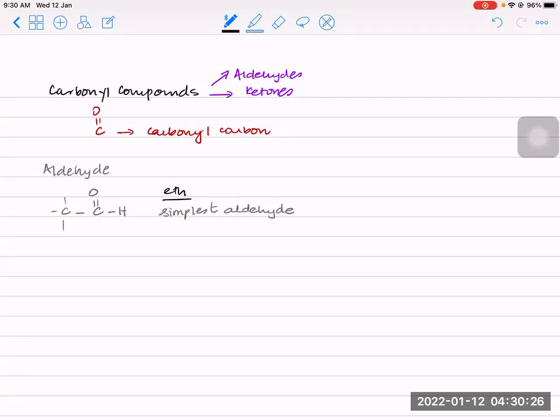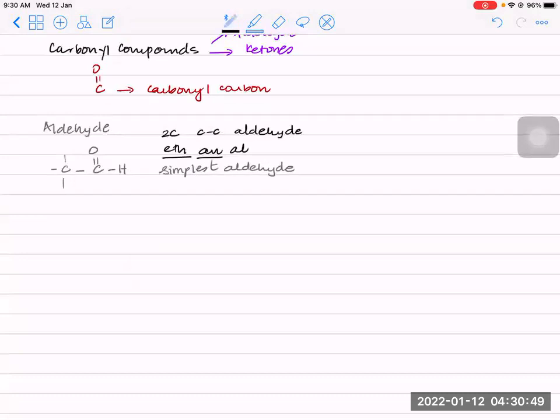Carbon-carbon bonds are single, that's why we call it an, ethane. And because it's an aldehyde, we call it al. So this is ethanal. Clear? Eth because two carbons, carbon-carbon bonds are single, therefore an, and al because it's an aldehyde. This is the simplest aldehyde, ethanal.